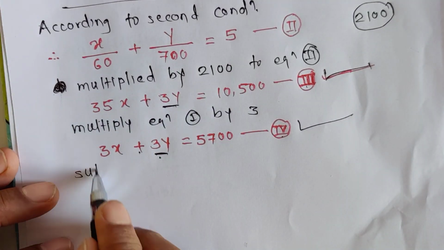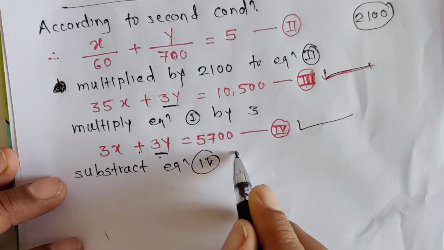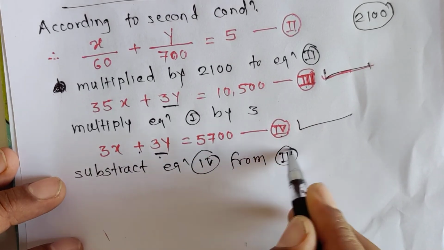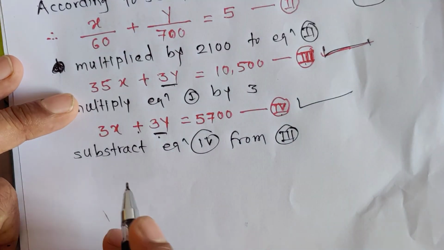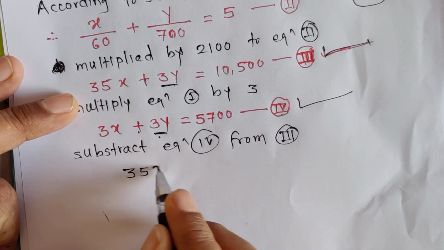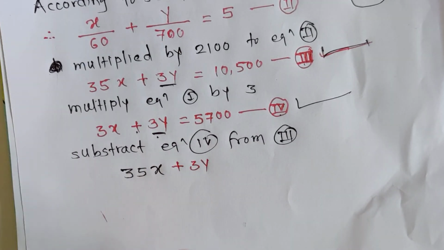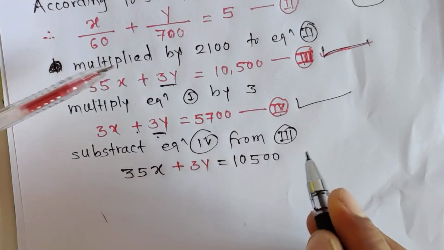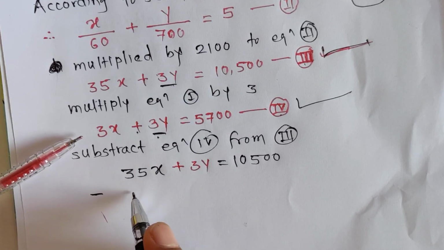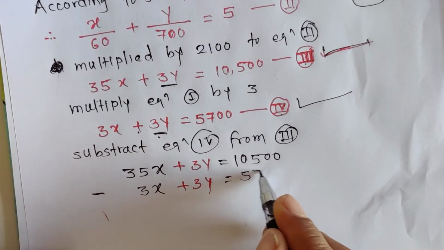So subtract equation 4 from 3. So first write equation 3: 35x plus 3y is equal to 10,500, minus this fourth equation, 3x plus 3y is equal to 5700.